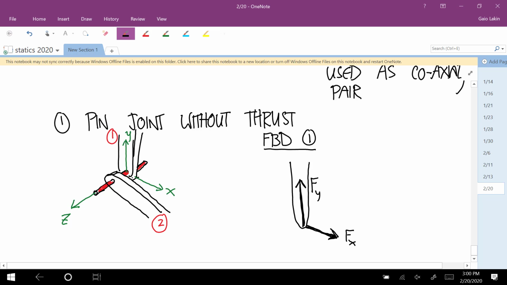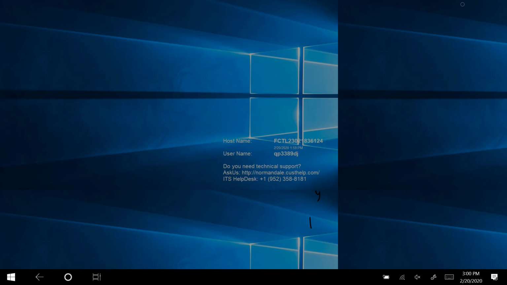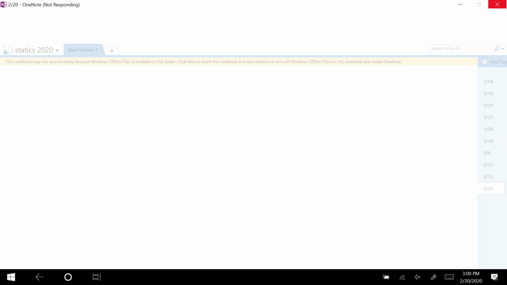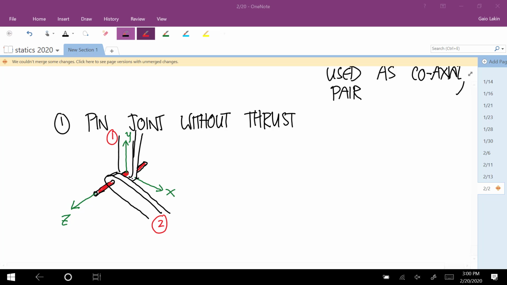And those two are perpendicular to each other. Okay, free body diagram of body 1.